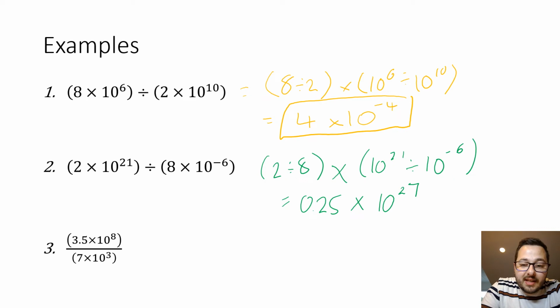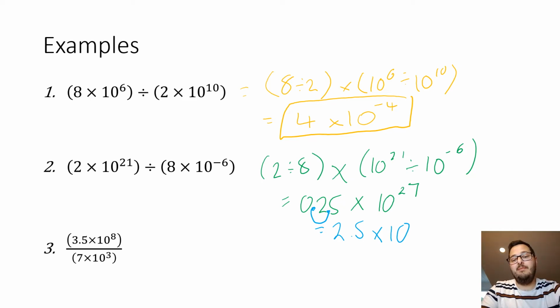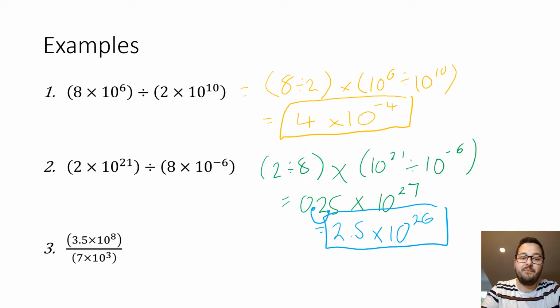Now then, this time we've got a decimal point here, but we want it between 1 and 10, so let's move it to there. So this is 2.5 times 10. Now this would be divided by 10, so we take away 1 from this, so 10 to the 26, and that's the answer to that one.